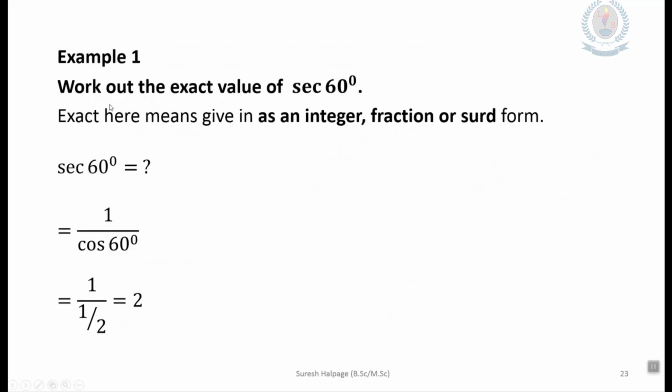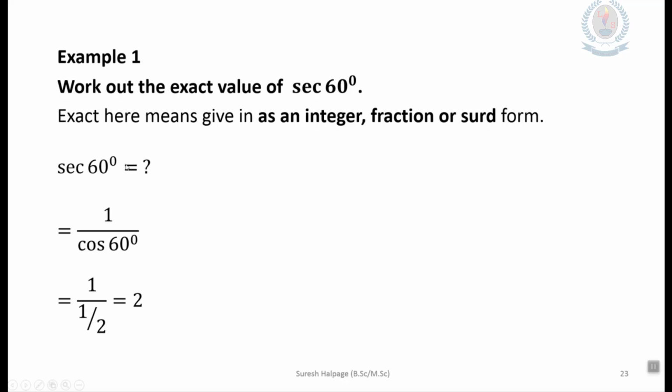Example number 1. Work out the exact value of sec 60. Exact here means as an integer, fraction or surd form. Sec theta is equal to 1 divided by cos theta, so you can use that identity.